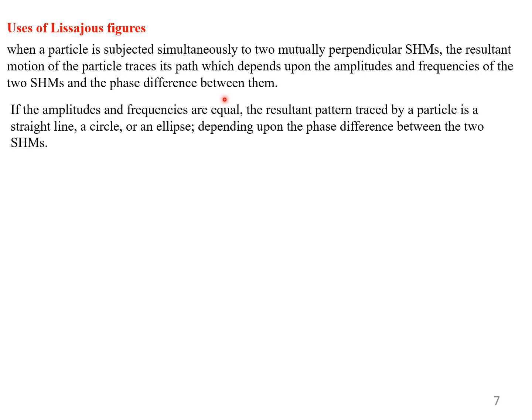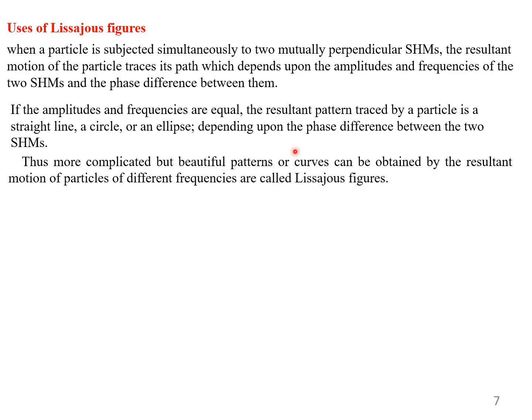If the amplitudes and frequencies are equal, the resultant pattern traced by the particle is a straight line, a circle, or an ellipse, depending upon the phase difference between the two simple harmonic motions. Thus, more complicated and beautiful patterns or curves can be obtained by the resultant motion of a particle with different frequencies, and these are called Lissajous figures.